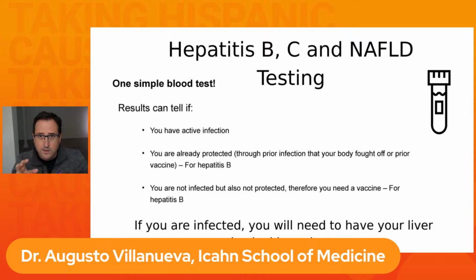In Taiwan, there's a lot of hepatitis B. And since there's a lot of hepatitis B, there's a lot of chronic liver disease, a lot of cirrhosis, and a lot of liver cancer related to hepatitis B. In the mid-80s, the government started a nationwide vaccination program for all newborn babies in Taiwan.